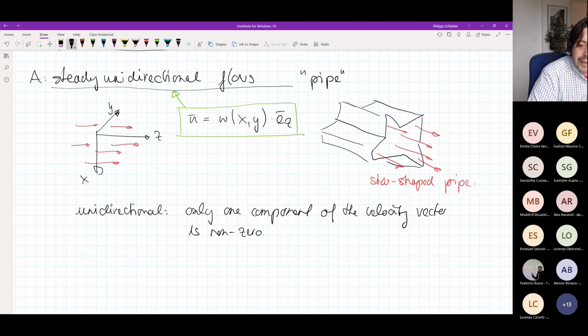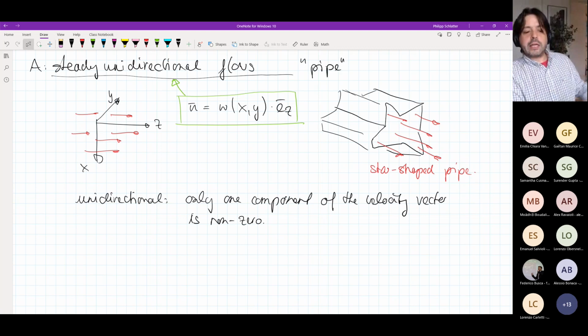And as I said, I can align that direction with whatever coordinate direction I want. I just choose here the z direction, so that means that my velocity field is only a function of x and y.